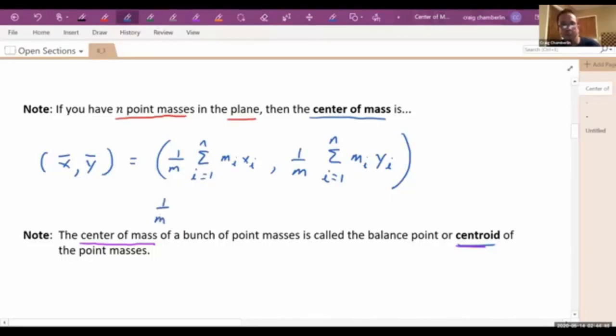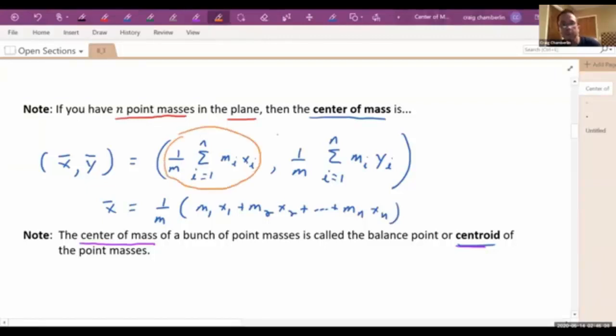And then what does this formula represent for x bar? It represents m1 x1 plus m2 x2 plus ... all the way until you get to mn xn. That's what this formula represents. Similarly, for y bar, this is y bar.